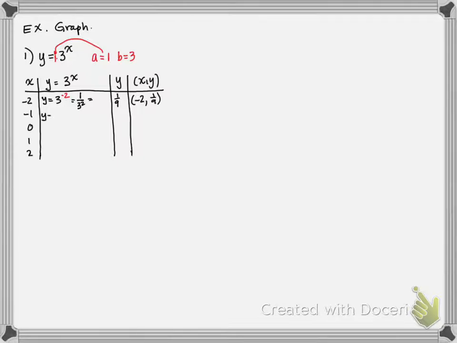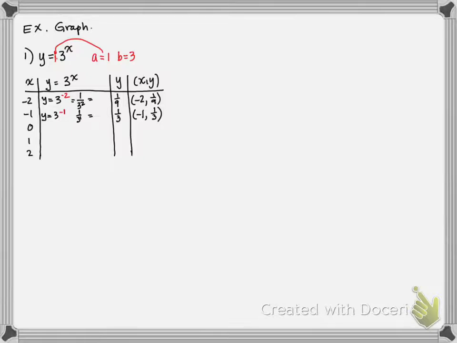Next one, y equals 3 to the negative first power. So again, I'm going to have to write it as a fraction. It would be 1 over 3 to the first, which equals 1/3. So -1, 1/3. So negative exponents on a whole number base is going to give us fractional answers, unless we've got an a value that doesn't equal 1.